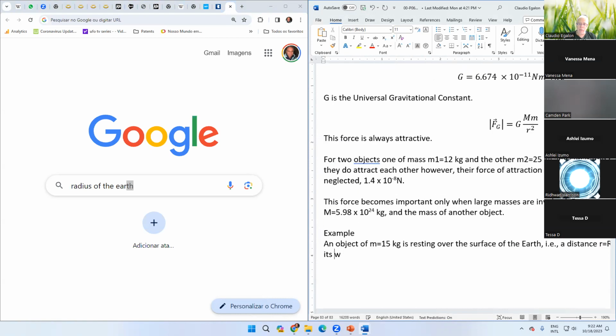Calculate its weight, or the force of gravity that Earth exerts on this object.